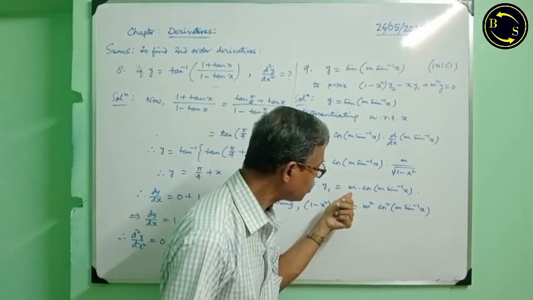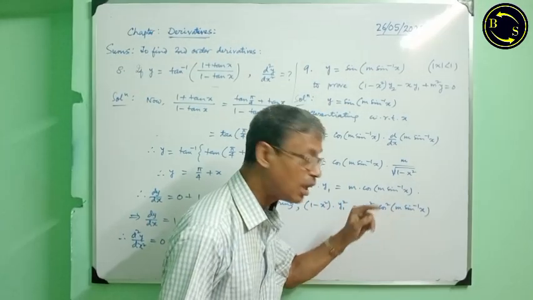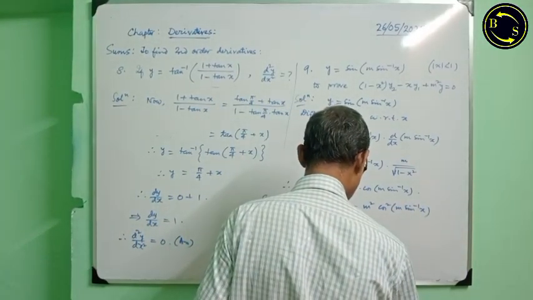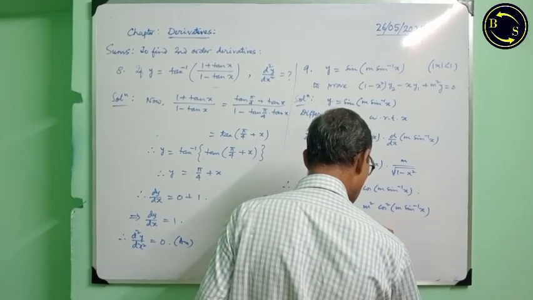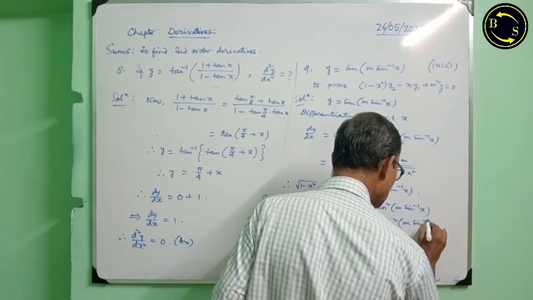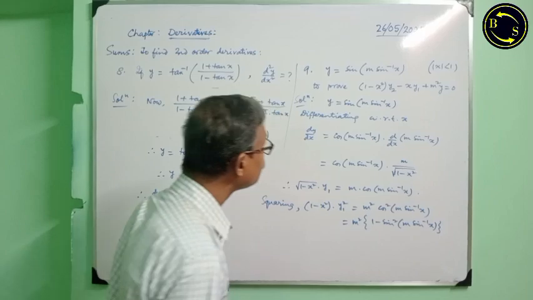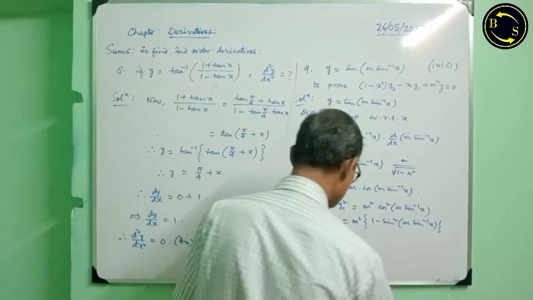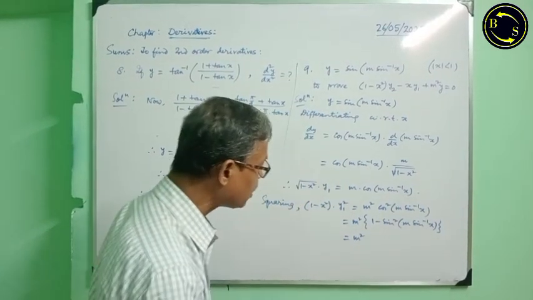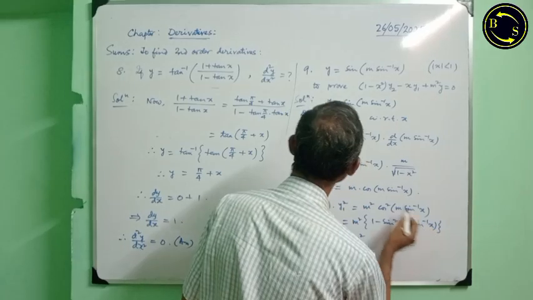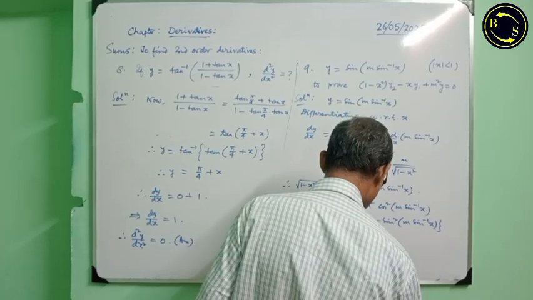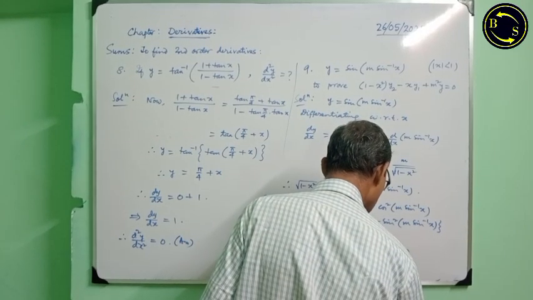Now cos square theta equals 1 minus sin square theta, so I can write m square into (1 minus sin square of m sin inverse x). That equals m square into 1, minus m square sin square of this. Since sin of m sin inverse x is y, that will be m square y square.